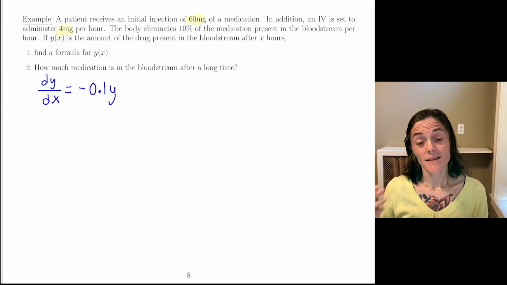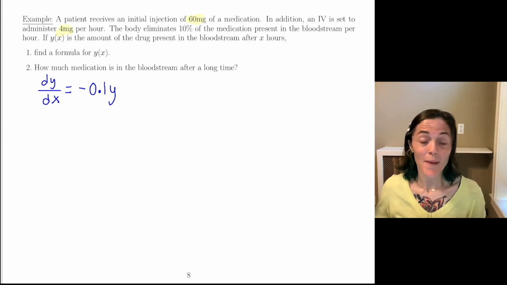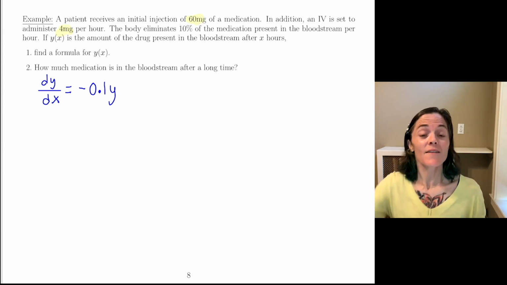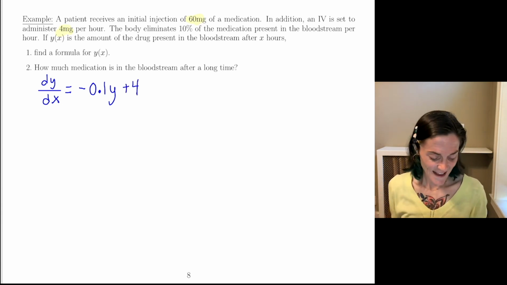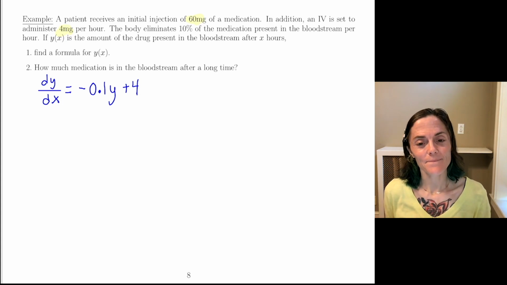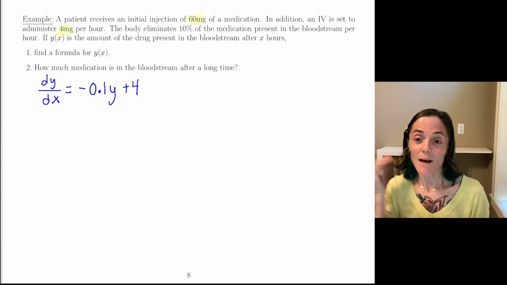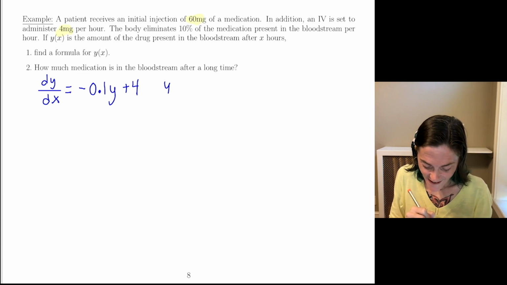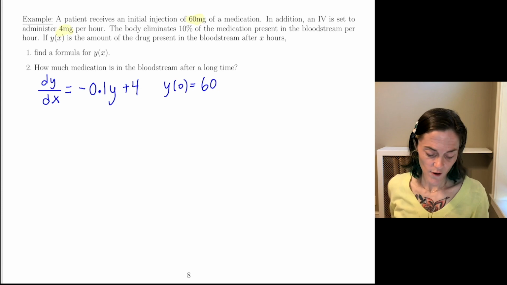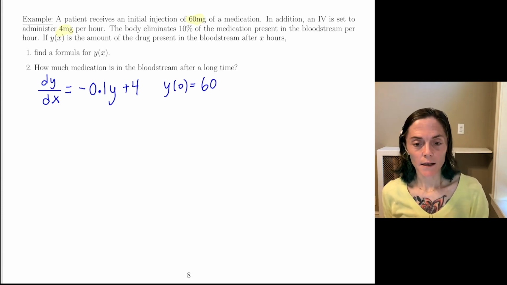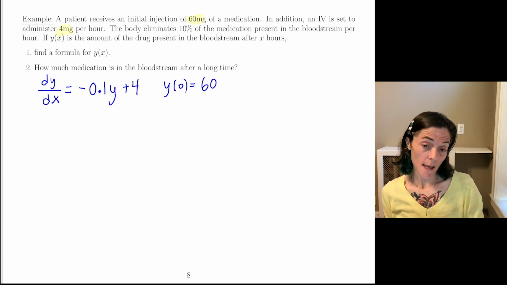That is a loss of 10% of the amount that you have in that hour, but then 4 milligrams are added, so plus 4. Here's my differential equation. Well, I can also write that y of 0 is 60. Okay, initial condition.